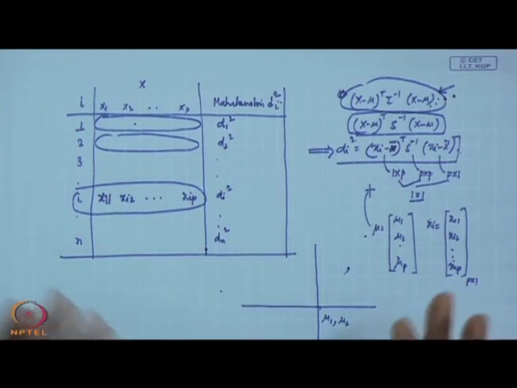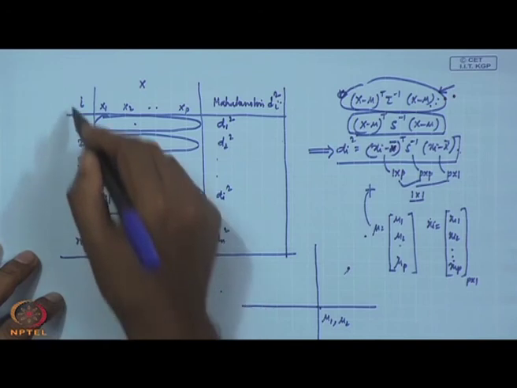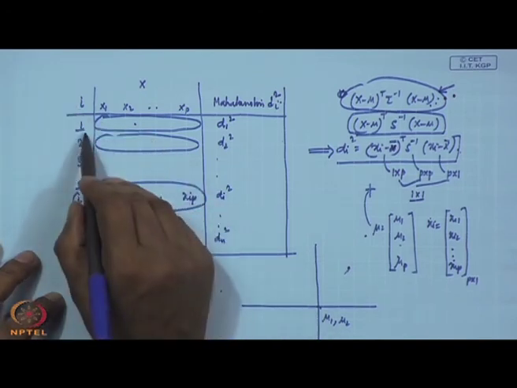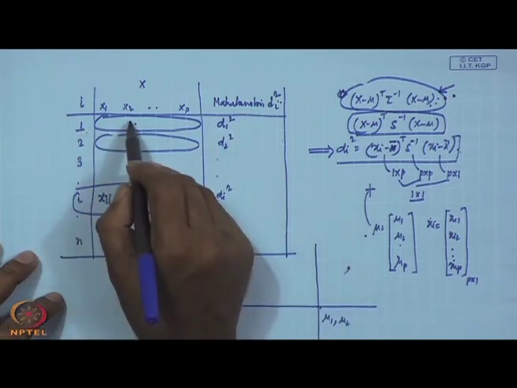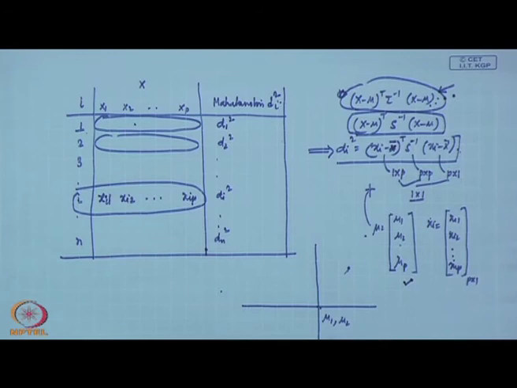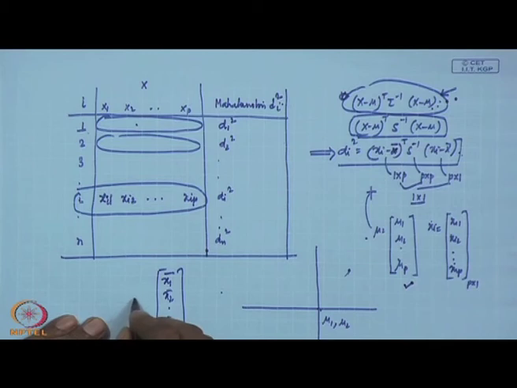So, what are the steps then? You have collected data. There are n multivariate observations. We want to compute the distance of each observation from the mean vector. Here we will be concentrating on the sample mean, that is x 1 bar, x 2 bar, like x p bar. So, you require to calculate this mean vector.